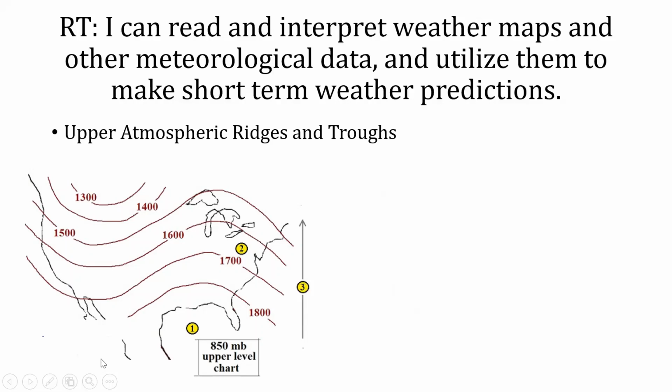So there we have a ridge, a trough and a ridge. The trough is where you see all of the downs, and wind in the upper atmosphere tends to blow along these lines from west to east, okay?